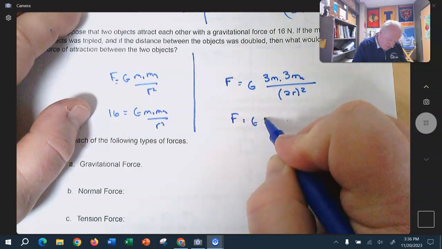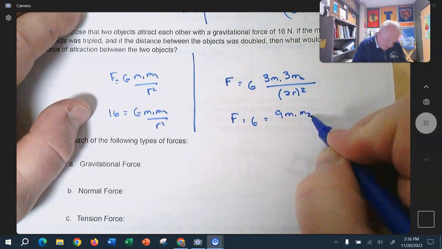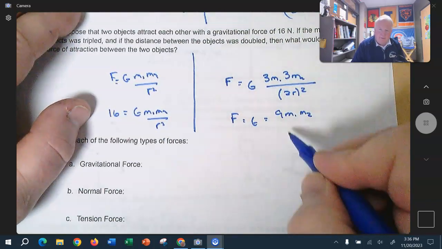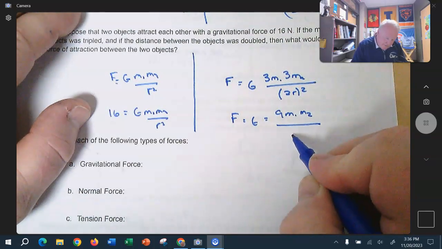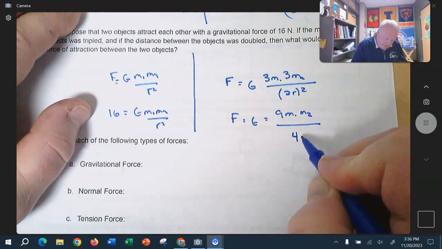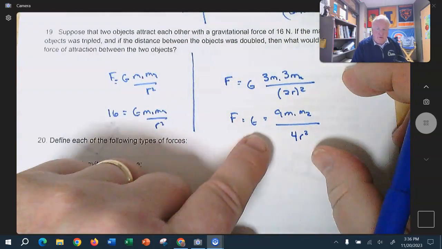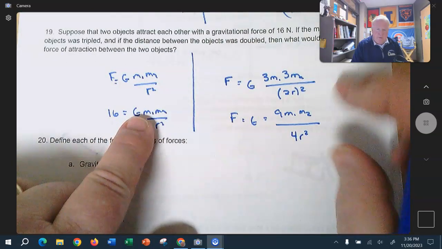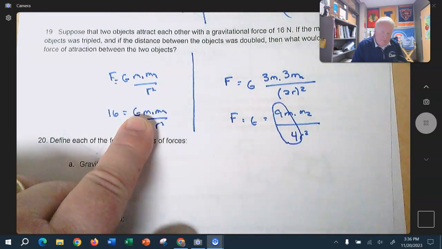So F is equal to G, 3 times 3 is 9, m1 times m2. I just took the 3's and put them together, that's 9. And then I square 2r, that's 4r squared. So what have I changed? Between this equation and this equation, I've got a 9 divided by a 4.